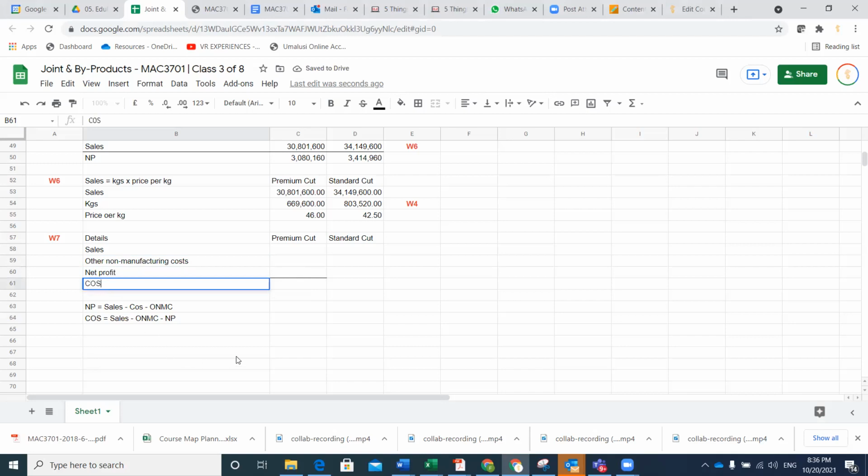Okay, so just using that formula over there, now we know what is cost. We know what is sales, coming from working 6. We know what is net profit, coming from working 5.